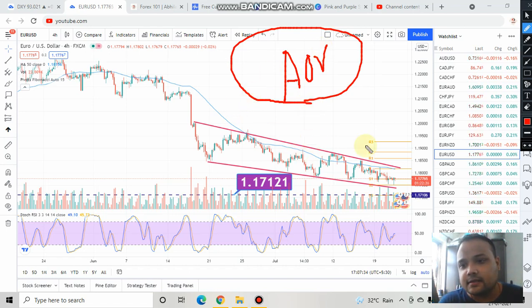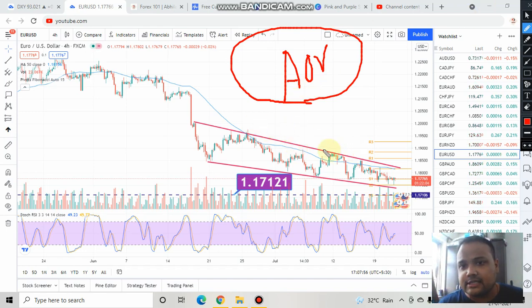And in this chart of Euro USD, the only safe shorting opportunity is at this trend line. If you do not have these trend lines drawn in your charting platform, then I request you to draw these lines so that you can understand the chart better, so that you can understand the market better.